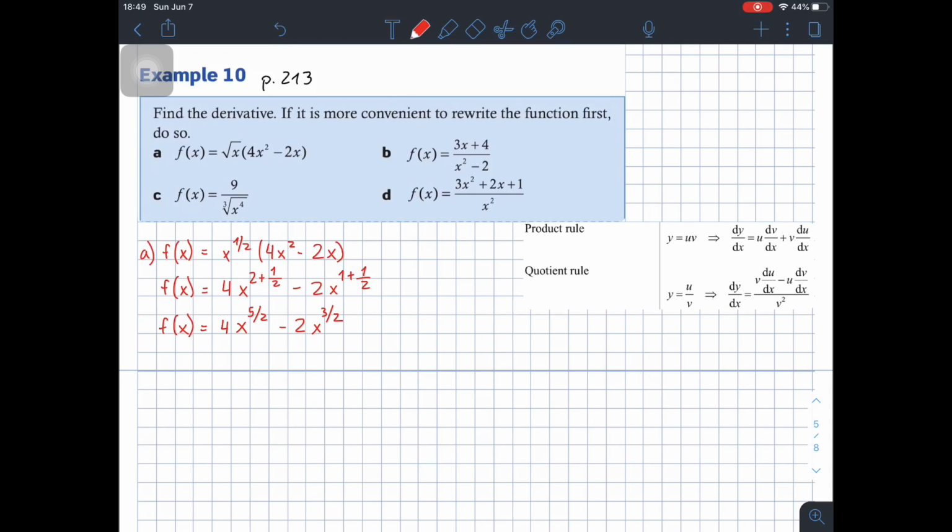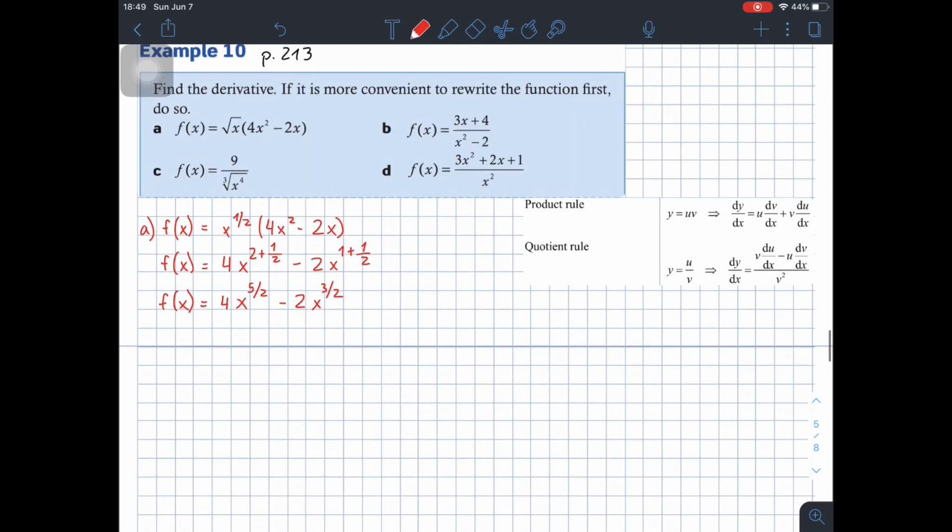Okay, so once we have it written this way, then we can apply the power rule, which is the first rule we learned to differentiate. So if I find the derivative of this function, f prime of x, then this would be equal to 4 times 5 over 2, we take down the exponent and we subtract the exponent by 1.